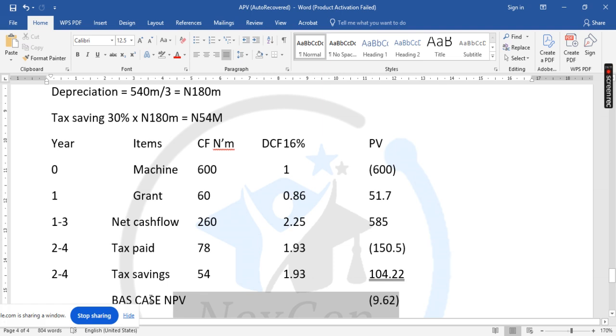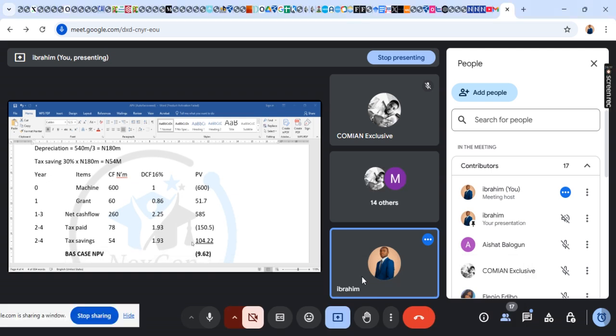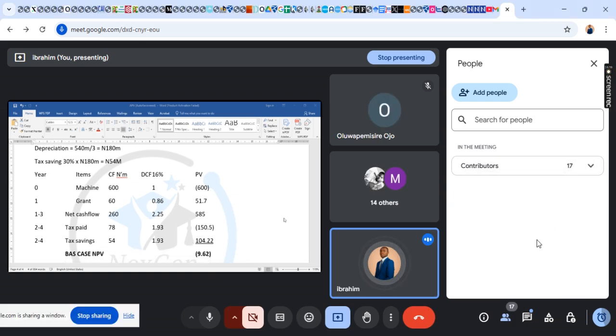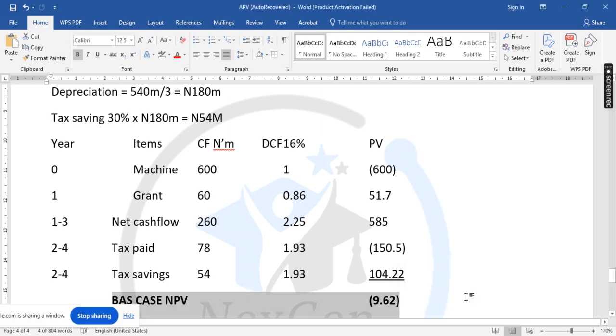Any question? So 9.62, right? You can use 3 decimal.